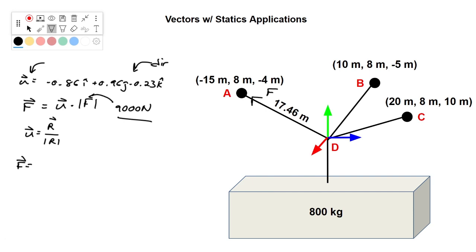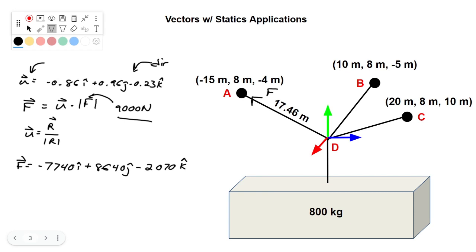So negative 0.86 times 9,000 is going to give us negative 7740. 0.96 times 9,000, positive 8640. And negative 0.23 times 9,000, negative 2070k.